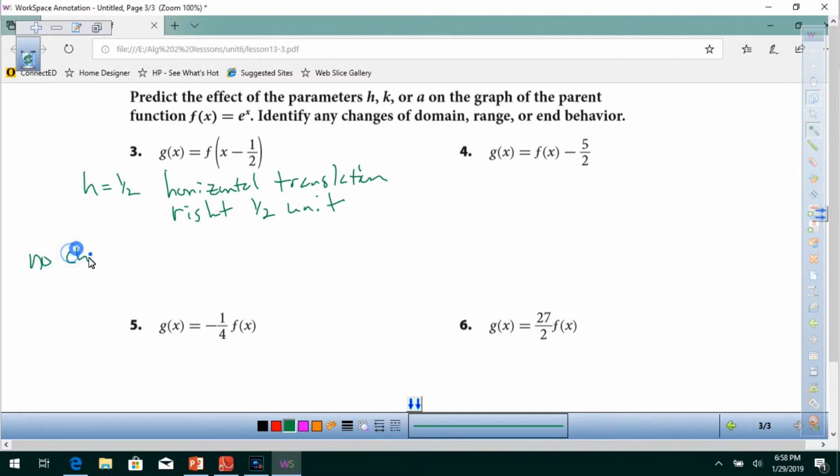Okay, what about the change on the domain? No change on domain or range, or actually the end behavior either. No change on domain, range, or end behavior.